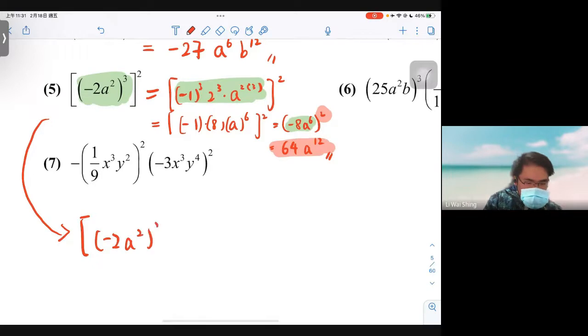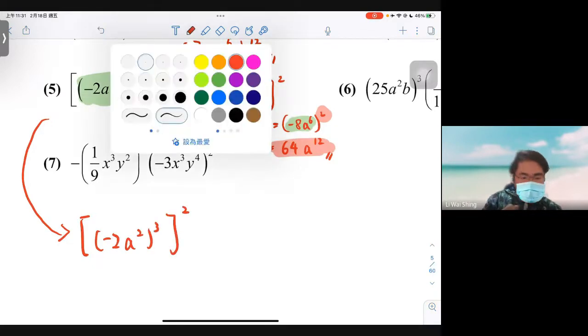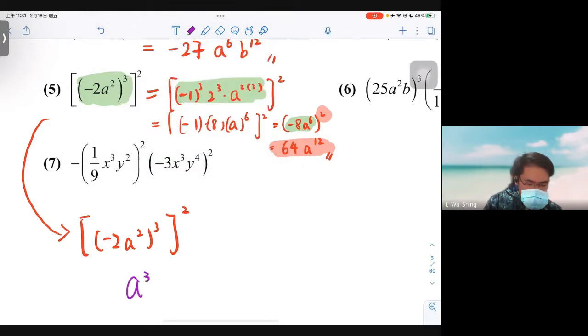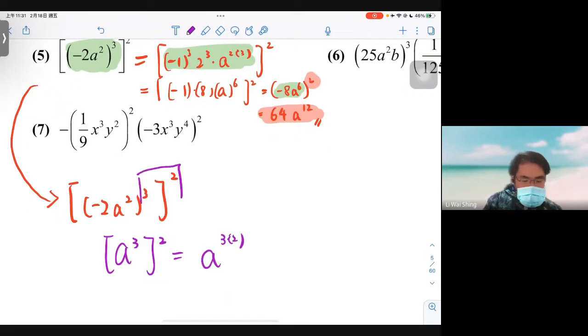Instead of expanding the things inside first, because you know that a 3 to the power of 2 equals a 3 times 2, you can deal with the 3 and 2 first outside. Treat this as a cubed to the power of 2, which equals a 3 times 2.